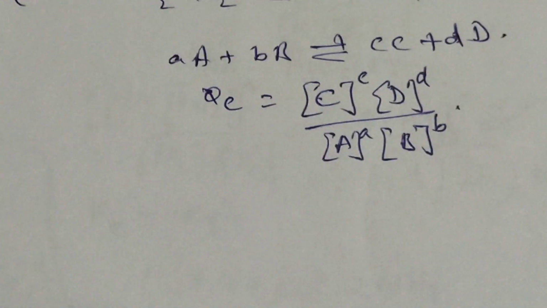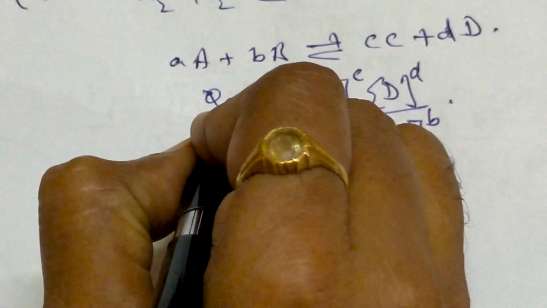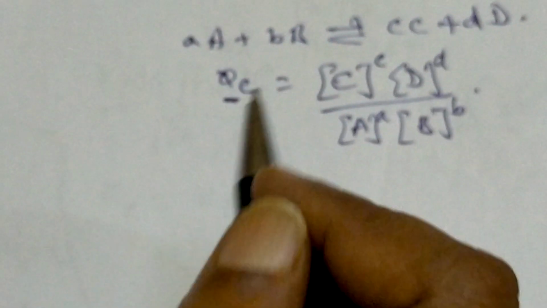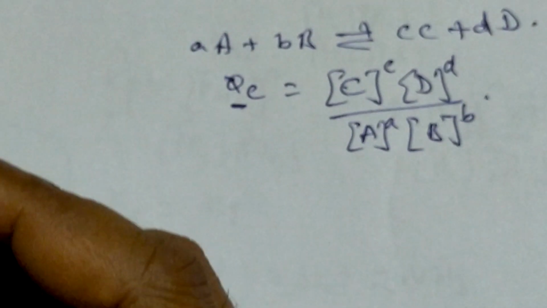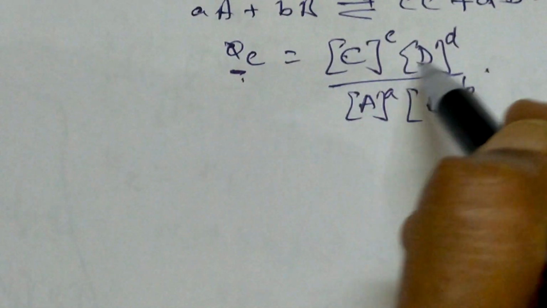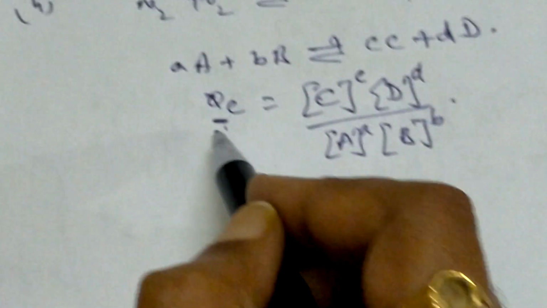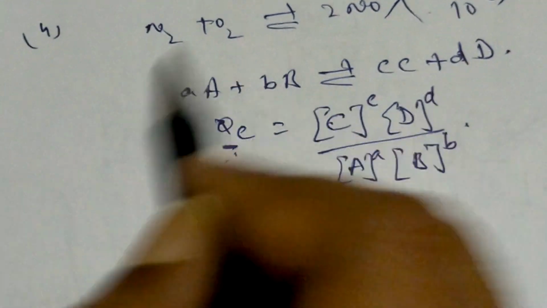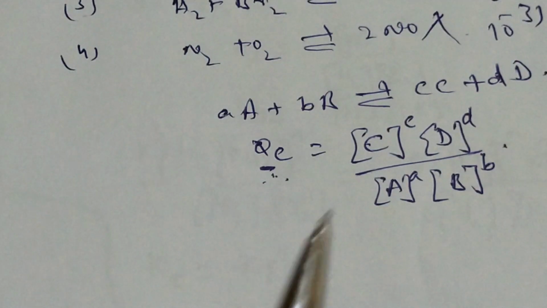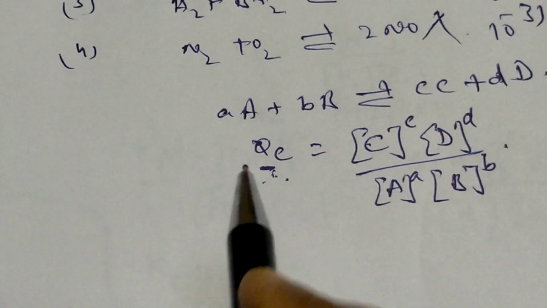Qc is not necessarily equal to Kc. It can be equal, but at any point of time I am finding out the Qc value. Otherwise, what is the fun in writing the same equation again? Kc is for the same reaction at equilibrium, whereas now I am writing a general equation at any point of time. Remember the difference between Qc and Kc.